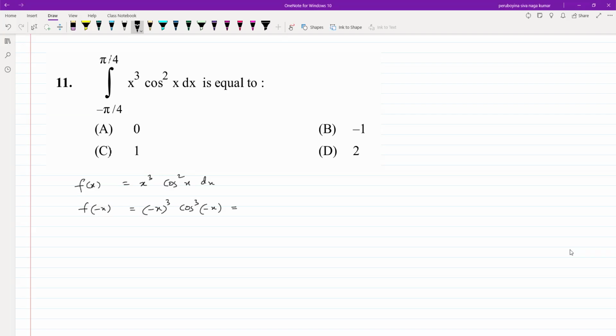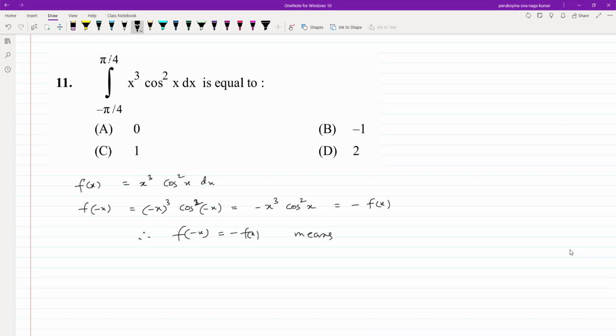minus x. So then it will be minus x cube. Cos of minus x is also cos x. So therefore, we are getting minus f of x. Therefore, f of minus x is equal to minus f of x.